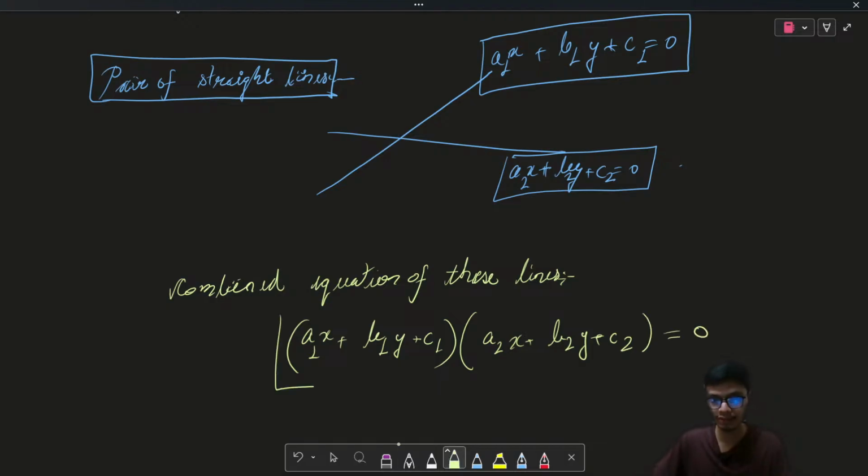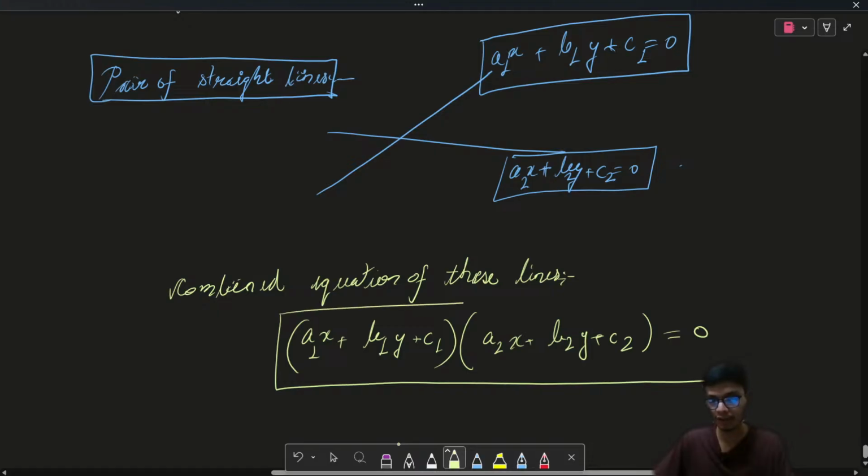This is called the combined equation of lines, or what we also call a pair of straight lines.